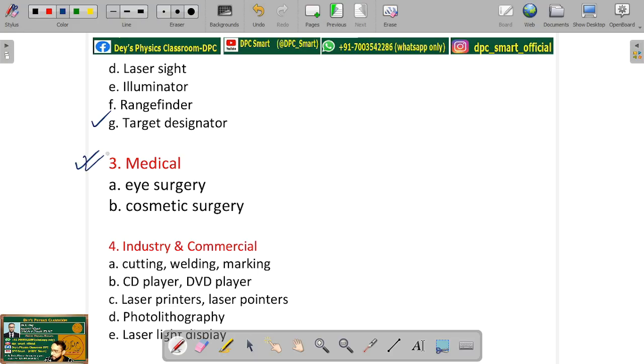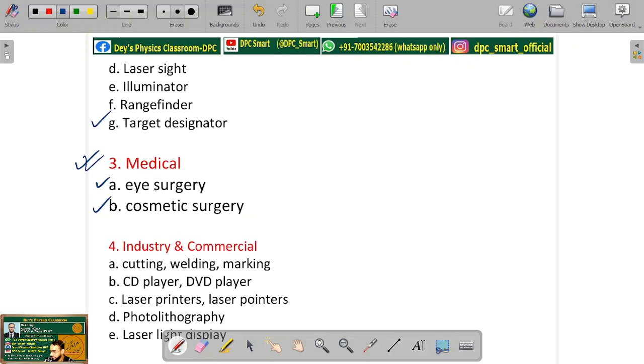Another important application of laser is in the field of medical science, where it is hugely used during eye surgery and cosmetic surgery. And fourthly, for industrial and commercial purposes, lasers are used in cutting, welding and marking processes, as lasers are highly intense light.